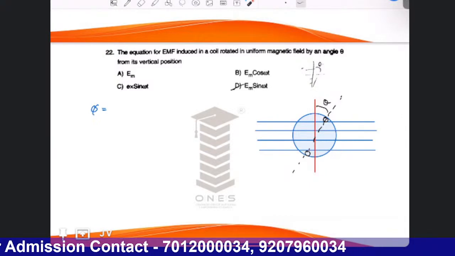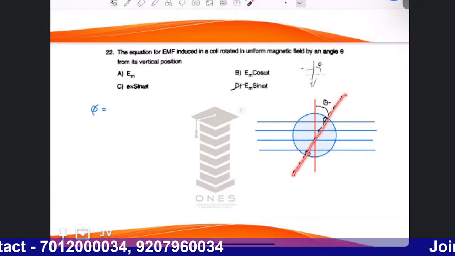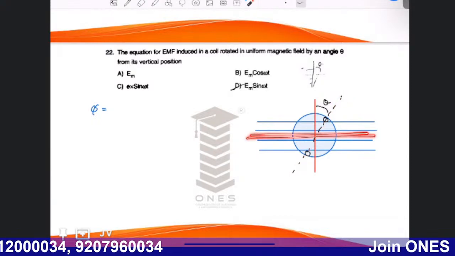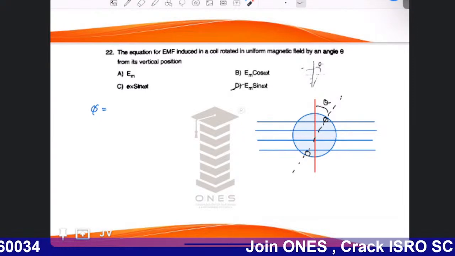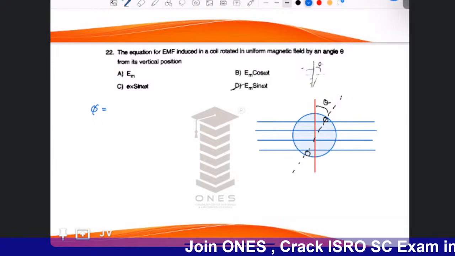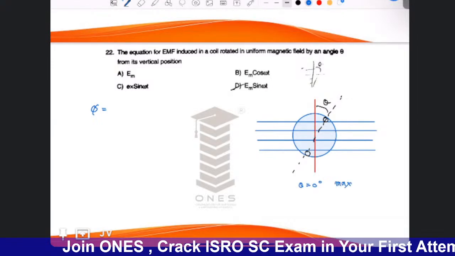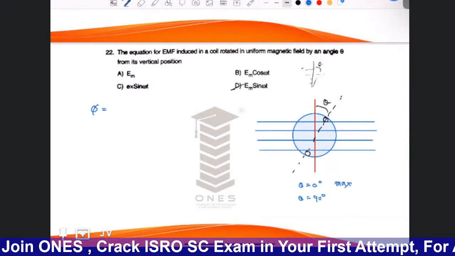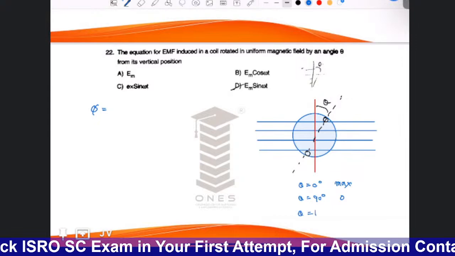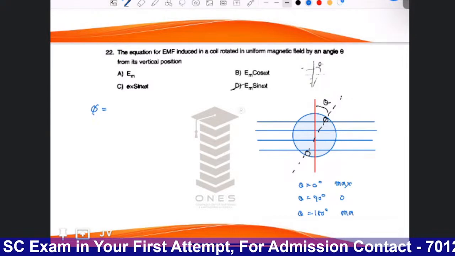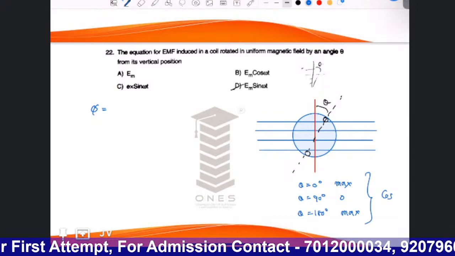When the angle is 90, this coil will be horizontal. അപ്പോൾ angle 90 ആവുമ്പോൾ ഫ്ലക്സ് ലിങ്കേജ് ഇസ് 0. അതായത് ആംഗിൾ 0 ആവുമ്പോൾ ഫ്ലക്സ് ലിങ്കേജ് മാക്സിമം, 90 ആകുമ്പോൾ 0. ആൻഡ് അഗെയിൻ വെൻ ദ ആംഗിൾ 180, ദ ഫ്ലക്സ് ലിങ്കേജ് ഇസ് മാക്സിമം. ഇറ്റ് ഈസ് എ പ്രോപ്പർട്ടി ഓഫ് കോസ്.